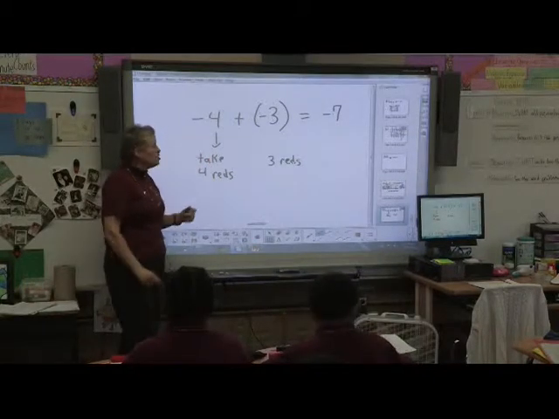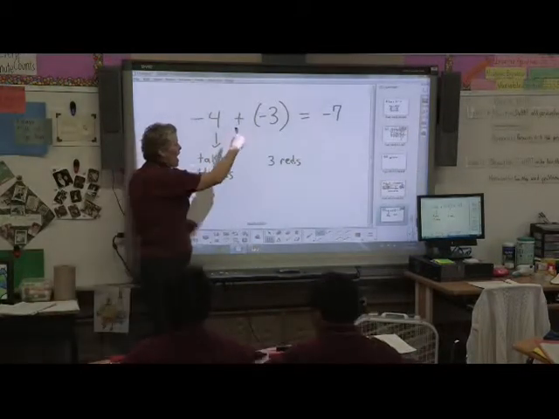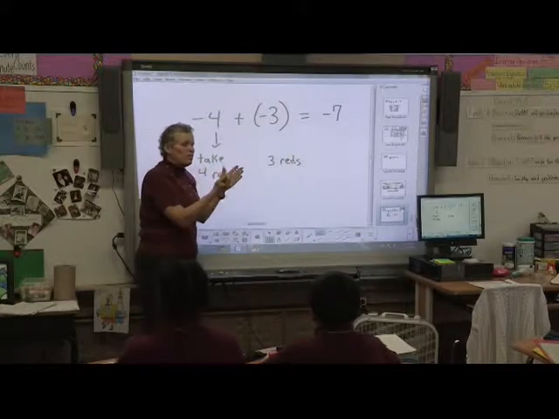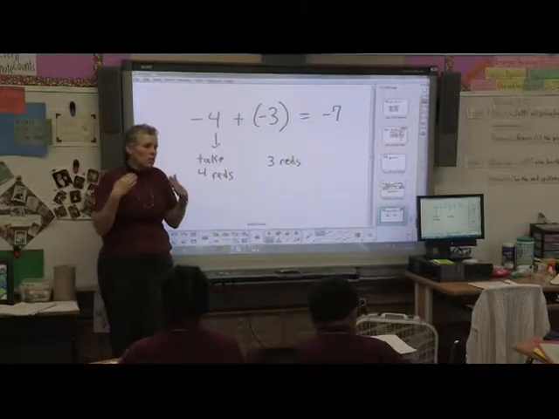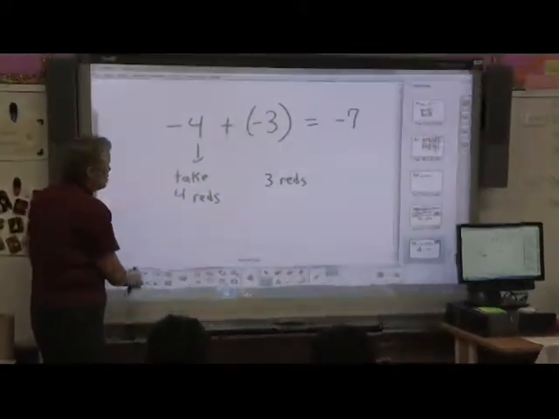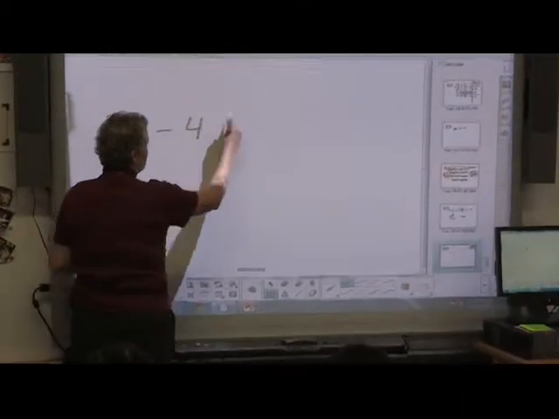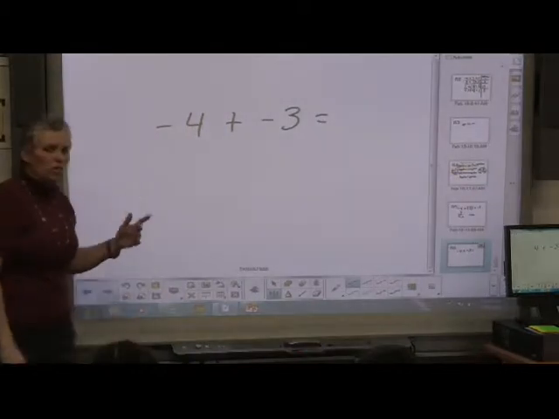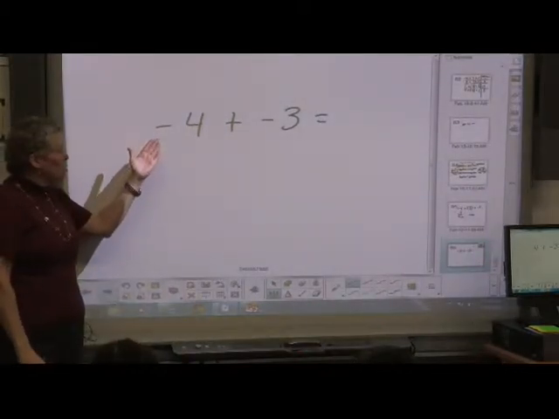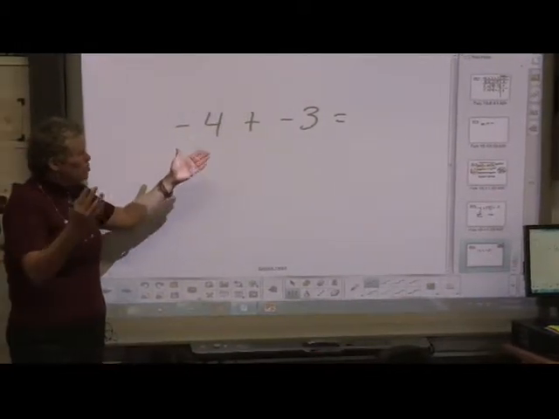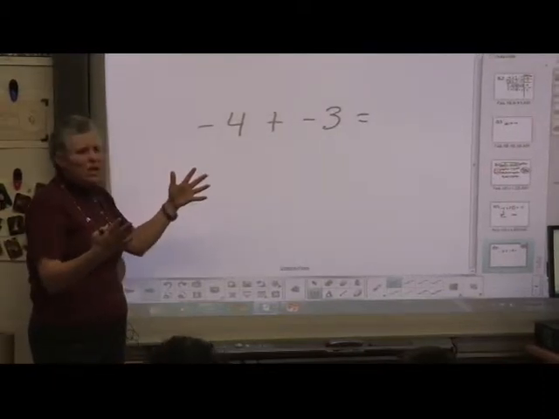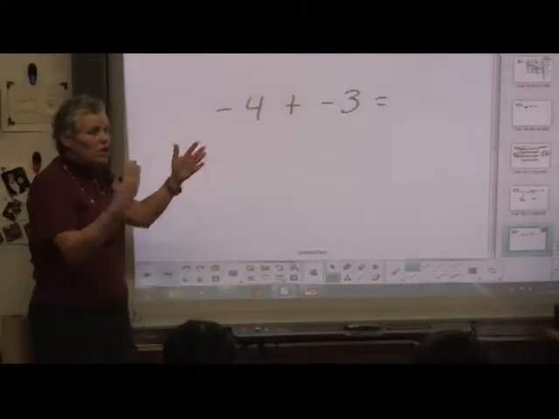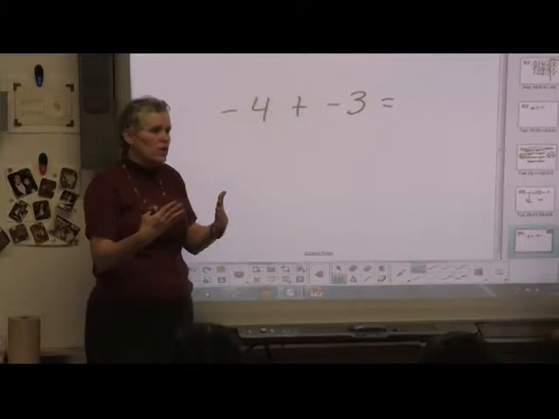So the rules of algebra actually say when I add a negative, I put parentheses around that negative just to keep it organized. Because let me show you this. If I had this, you might think -4 plus, no, subtract 3, what? It looks confusing, right? Because it really looks like I have 2 operations right next to each other.